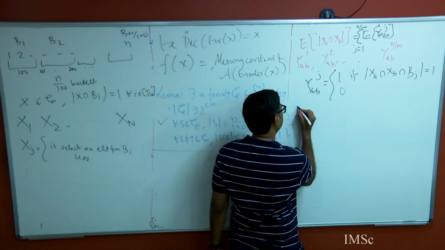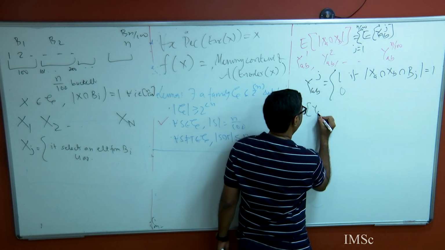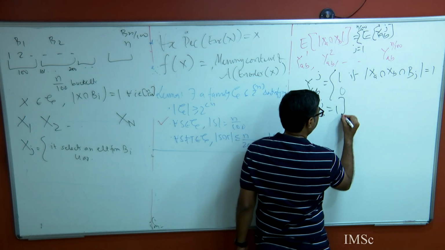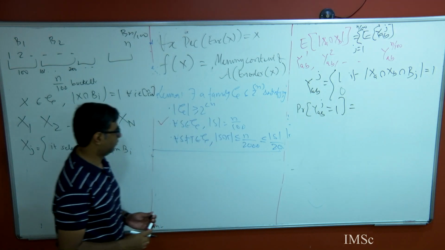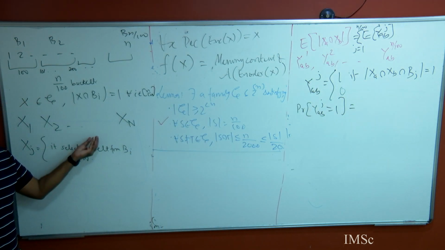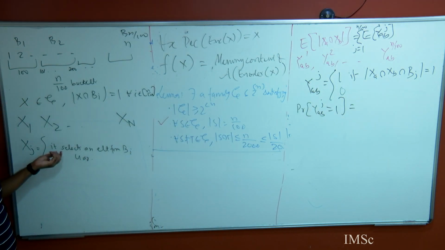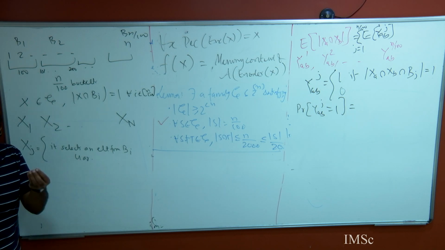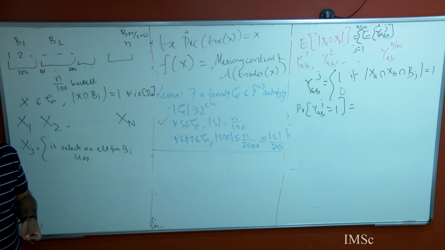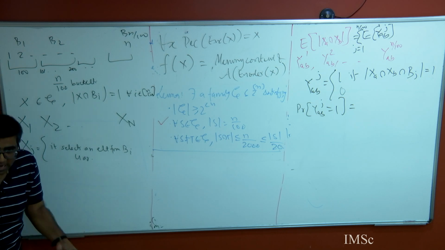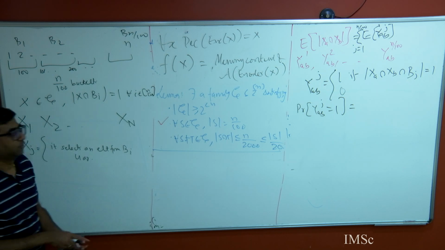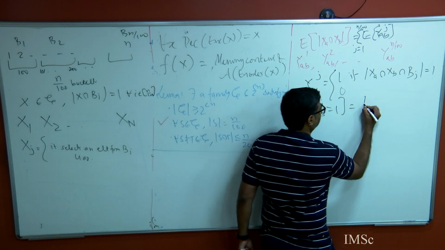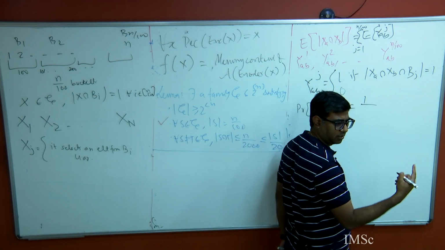What is the probability that Y_ABJ is 1? These sets are random sets, in the sense that one picked one of the elements of this bucket with probability 1 over 100. The other one also picked the same element with probability 1 over 100. So this is 1 over 100 into 100, so 10,000.